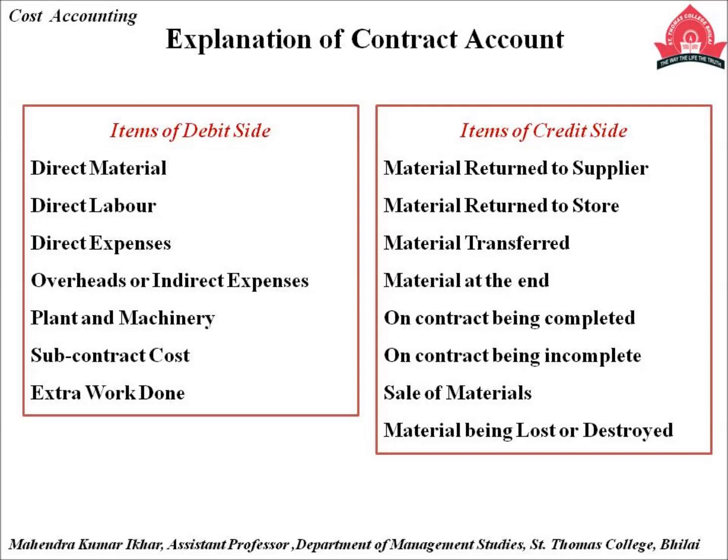Items of the credit side are material returned to supplier, material returned to store, material at the end, contract being completed or incomplete, sale of materials, or material being lost or destroyed.